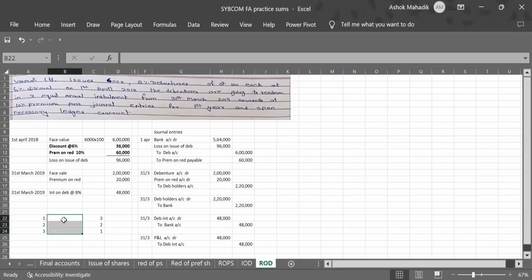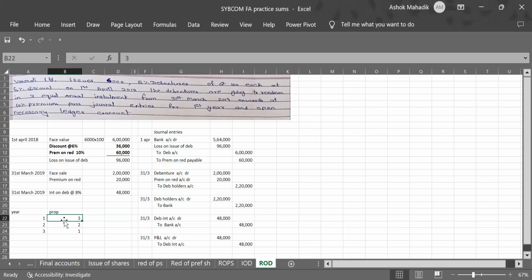Now how to draw a proportion out of this? Simply add them first. I'll write the years and this is the proportion. At the end of the first year, 3 installments or an amount equivalent to 3 is outstanding. At the end of year 2, 2 installments are outstanding. At the end of the third year, only 1 installment is outstanding.